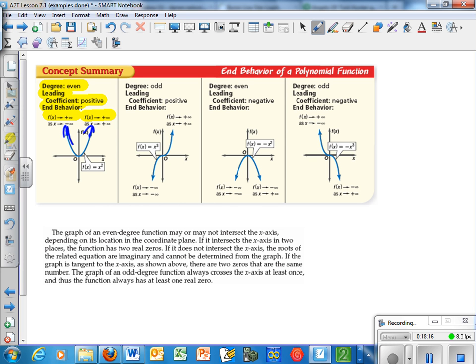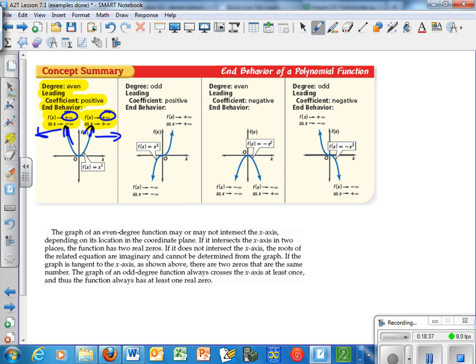The function is going to positive infinity. Now this really means as x goes to negative infinity, going that way, or as x goes to positive infinity, what's the function doing? Well, it's going infinitely up. That's why we say the function is going to positive infinity in both directions.